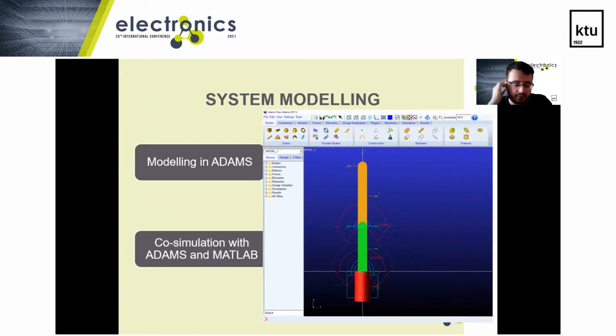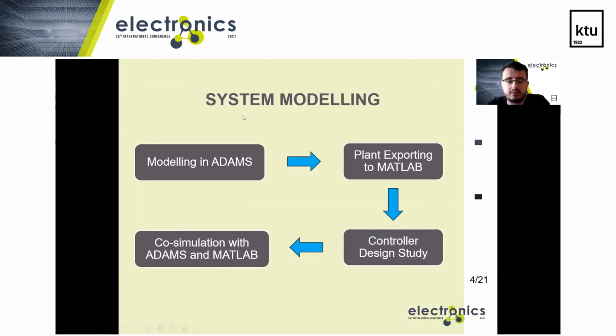The first step of our study is system modeling, because system modeling is a very important part of these robotic systems. In our study, for the virtual prototype of the manipulator, we use Adams software. The first step is modeling in Adams, and then after the Adams process, the designed manipulator is exported to the MATLAB Simulink environment for carrying out the controller implementation.